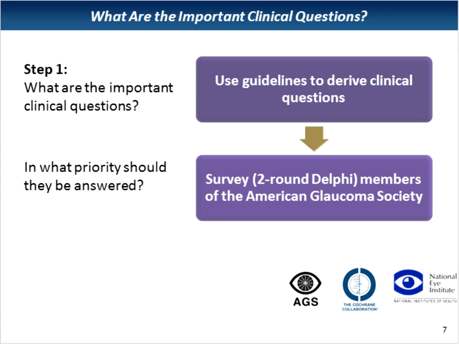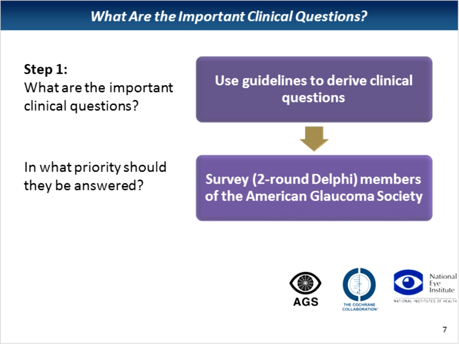So the way we did it was we went to the clinical practice guidelines and translated them into clinical questions. For example, the American Academy of Ophthalmology has guidelines for the management of patients with primary open-angle glaucoma. We took guideline recommendations, which are answers to a clinical problem, and made them into questions.